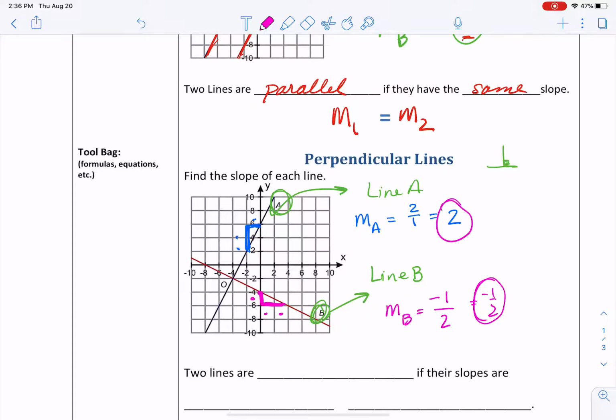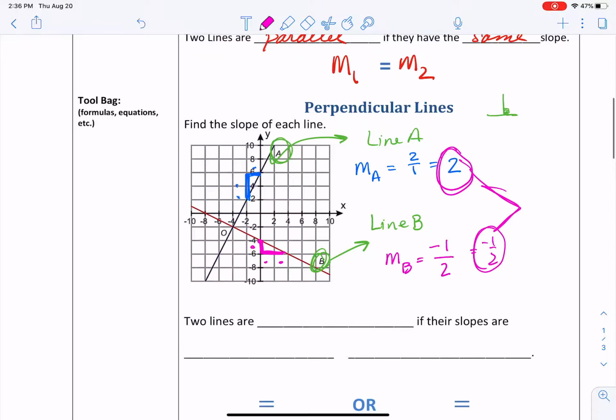So now when I compare these two, what do we notice? Two lines are perpendicular if their slopes are opposite reciprocals.